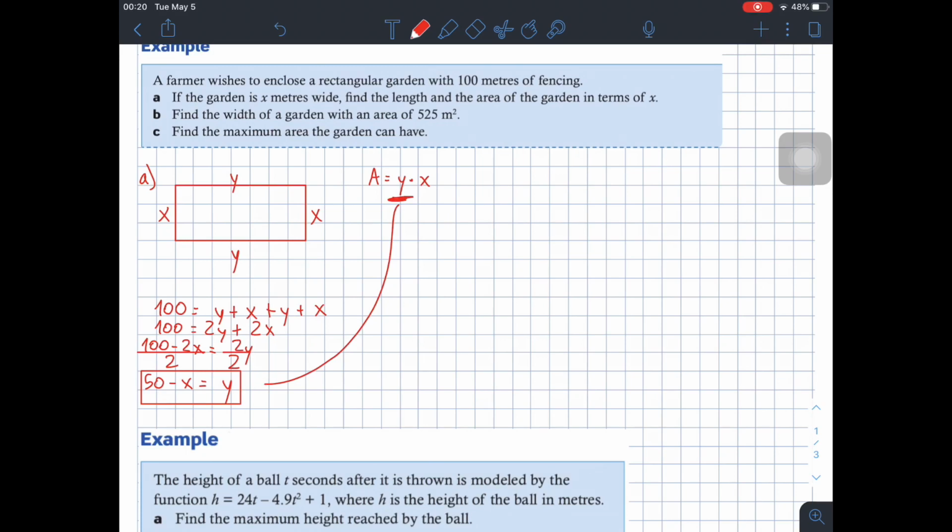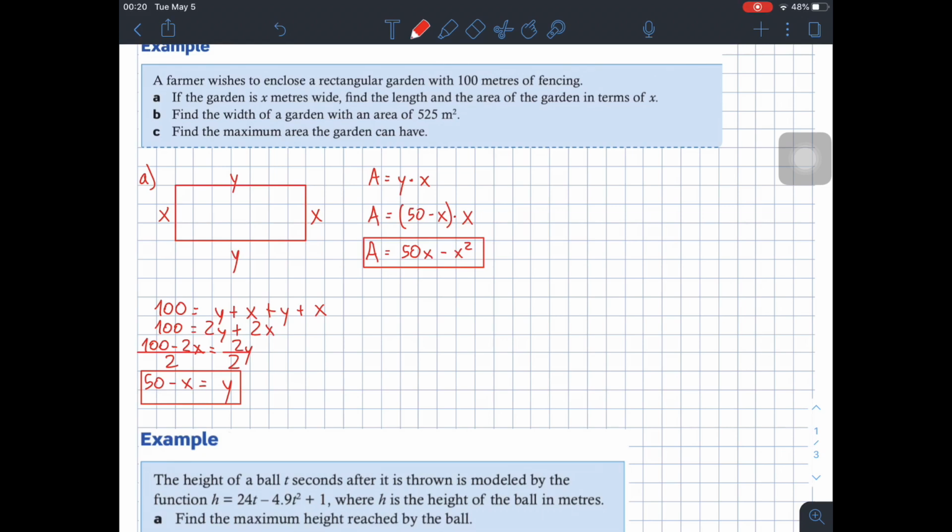So we can write this equation as area equals 50 minus x times x, right? So if we simplify this expression, area equals 50x minus x squared.